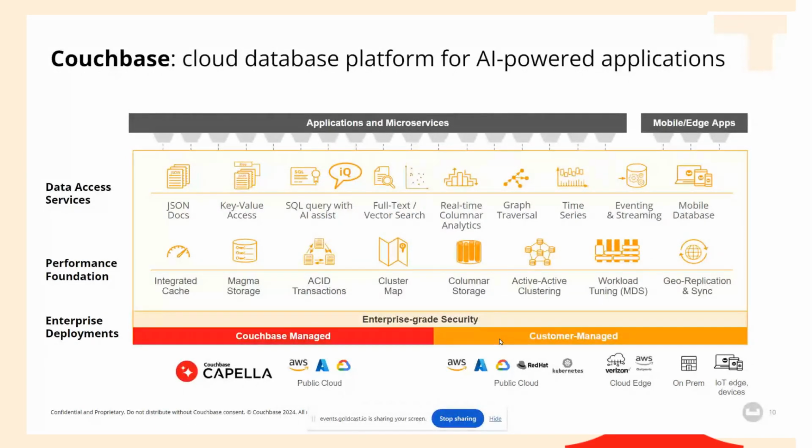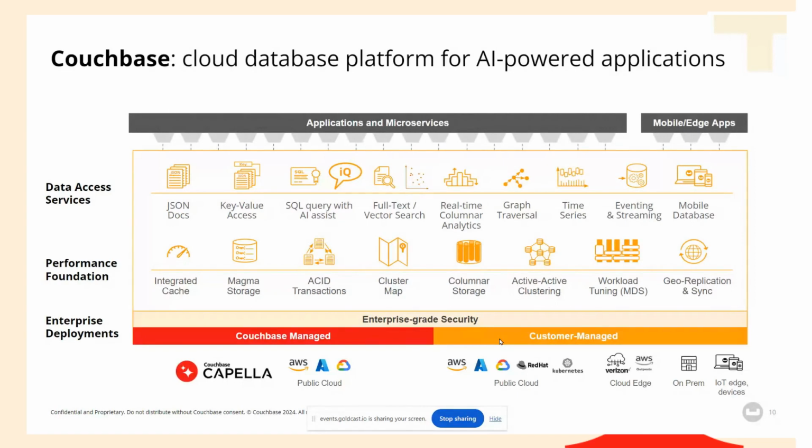And on top of this, we add more purposes, making it multi-purpose. So support for vector search, support for full text search, support for eventing, for columnar analytics, container support, mobile sync. These are all data access patterns that customers no longer have to bolt on from a bunch of different technologies to power their applications. They get it all from one platform with Couchbase.